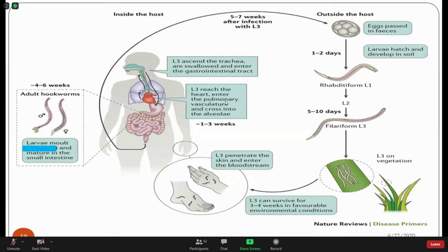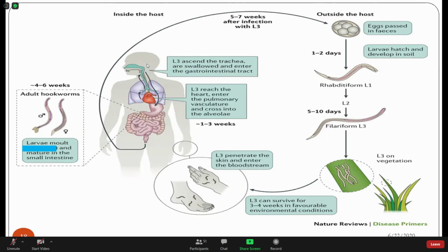It penetrates the pulmonary capillaries and comes out to the alveoli. From the alveoli, it moves upward to the bronchi, then to the trachea, larynx, and pharynx.